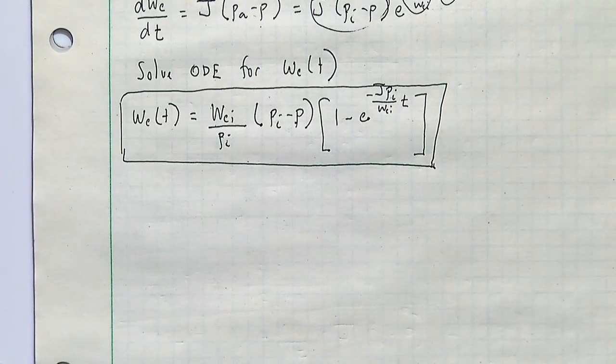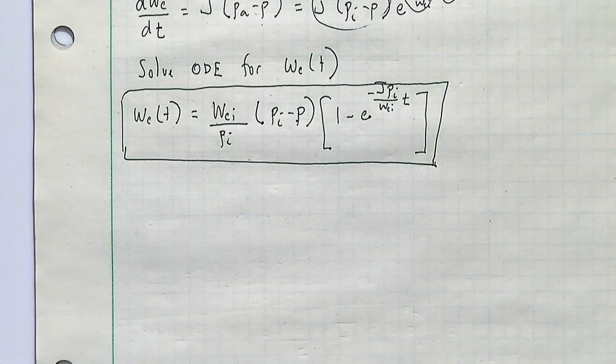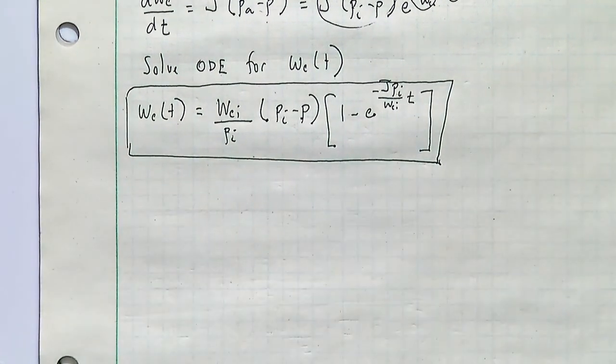So that was again a lot of math. We took some derivatives, did a couple of integrals, and integrated these ODEs. But now we have a solution for We(t), and maybe you want to go back after class, rewatch that video, and work it out yourself.